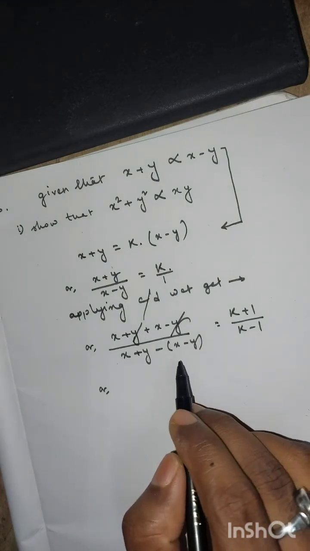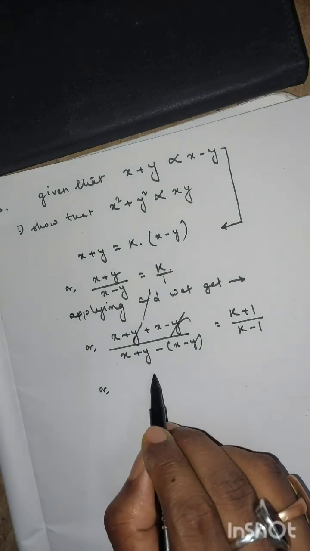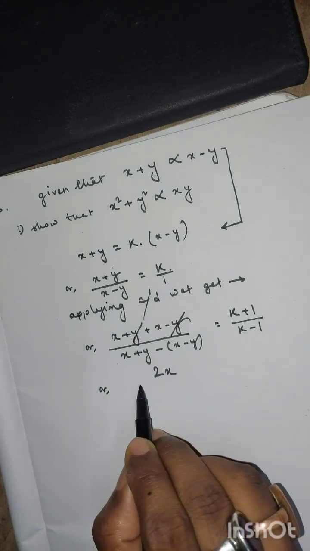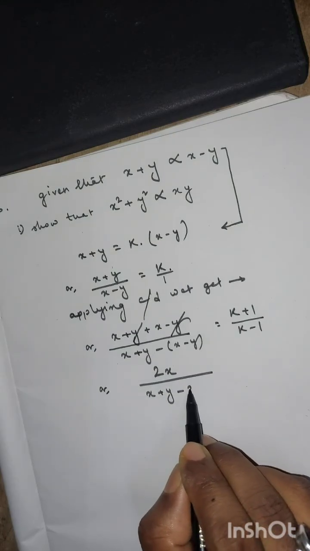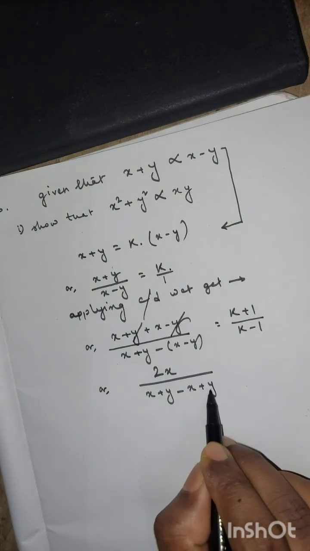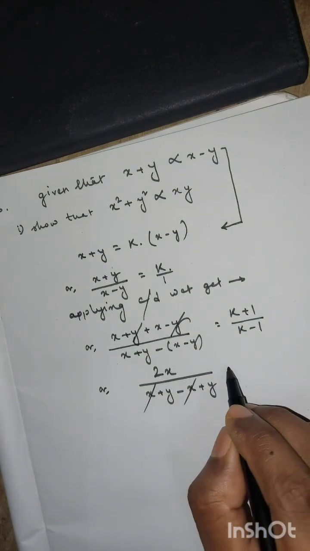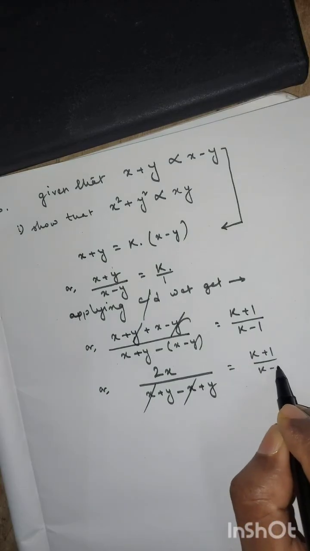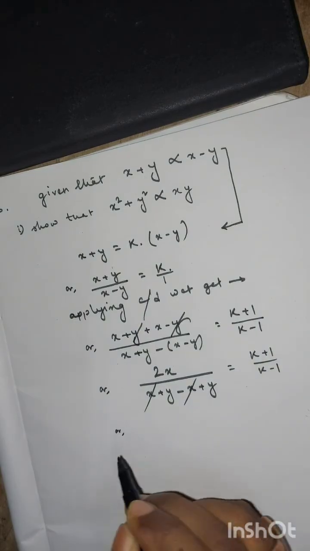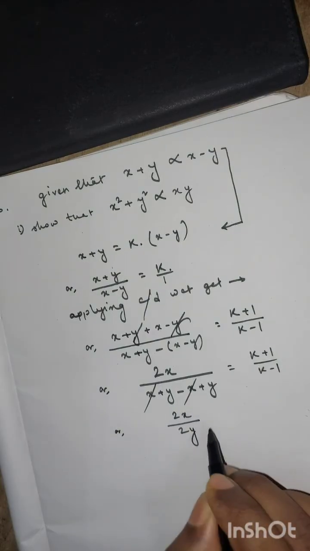So in the numerator it is 2x and in the denominator it will become minus x plus y, so it is getting cancelled. So k plus 1 by k minus 1 equals 2x by 2y.